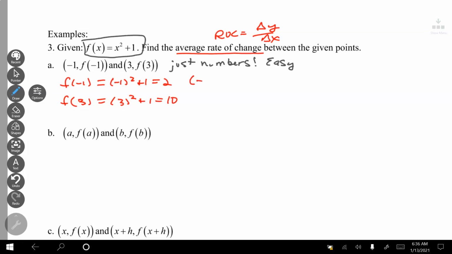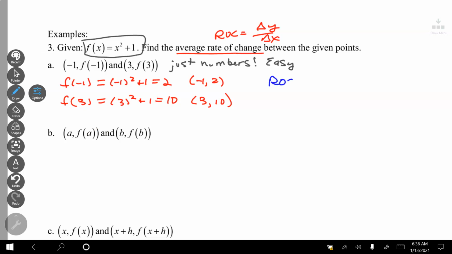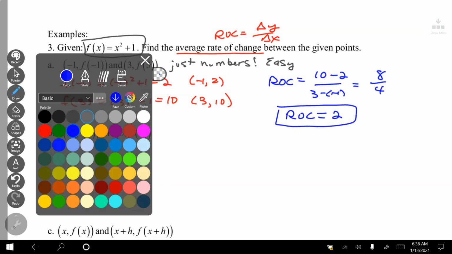So I have the ordered pairs, negative 1, 2, and 3, 10. And when I figure out my rate of change, I get 10 minus 2 over 3 minus a negative 1. I get 8 over 4. So I get a rate of change is equal to 2. That's pretty easy.